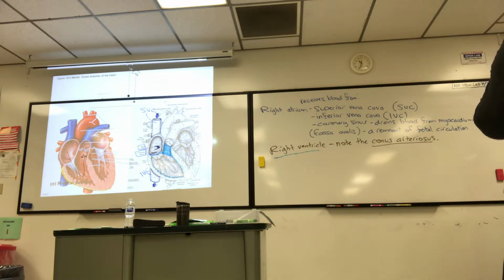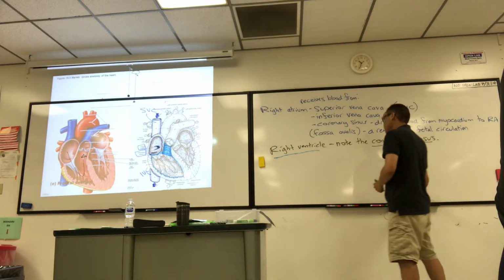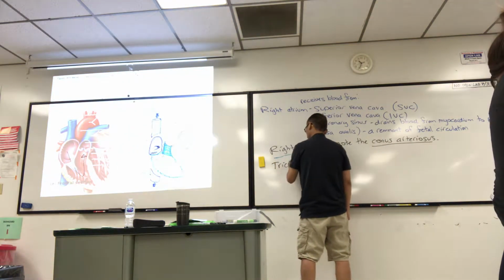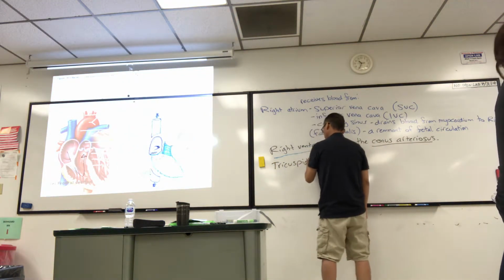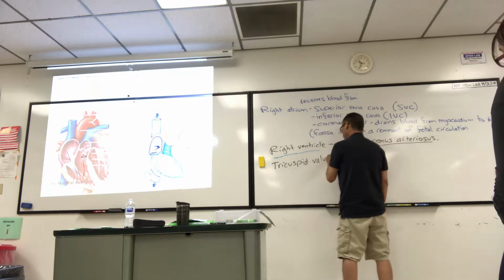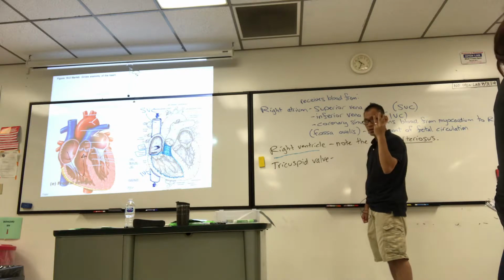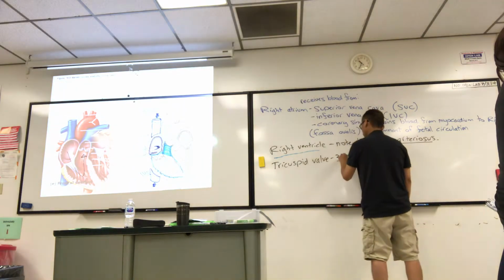Okay? And the name of the valve between RA and RV, I typically call it the tricuspid valve. The tricuspid valve has how many cusps? What do you think tri refers to? Three. Three cusps.